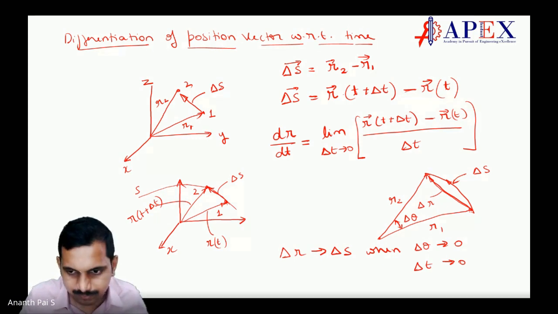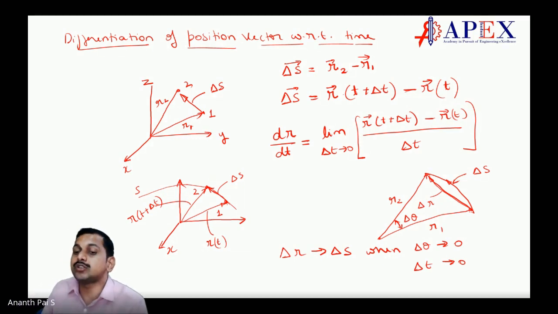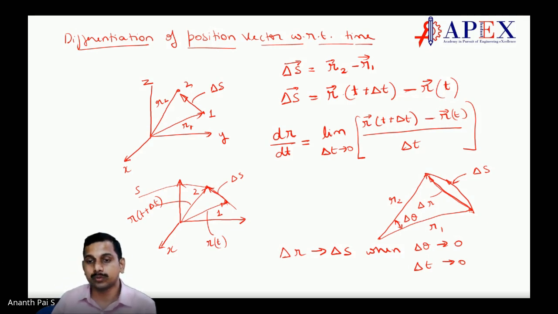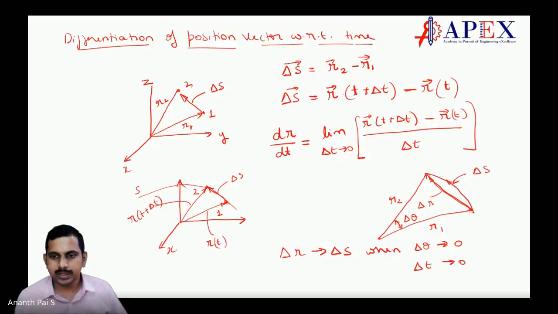Understand that. Like ds by dt may be equal to dr by dt, but delta s by delta t won't be equal to that because the distance is large. When delta t is not tending to 0, then what you are saying is right. That is the difference between speed and velocity. That's what I wanted to show.